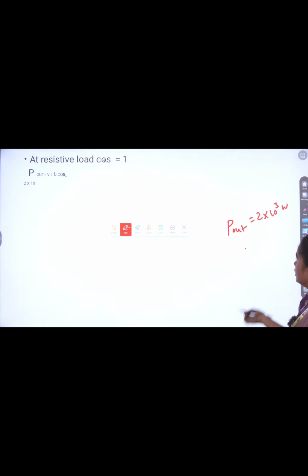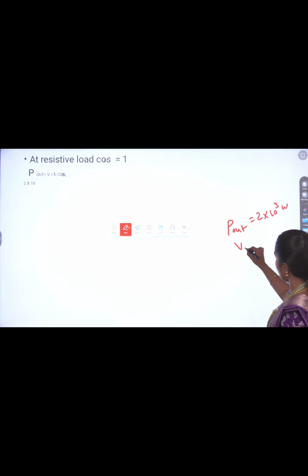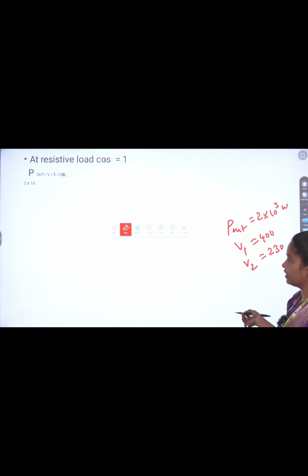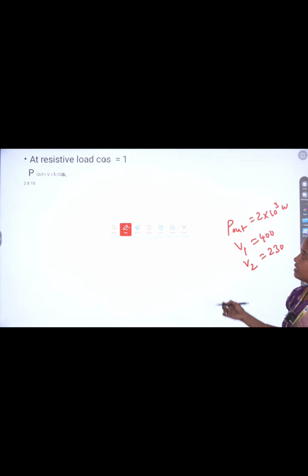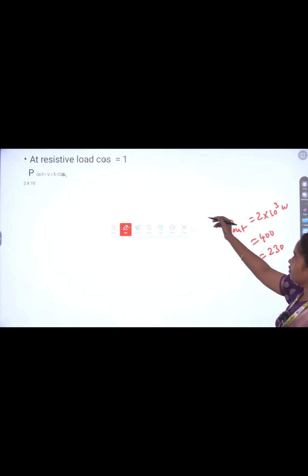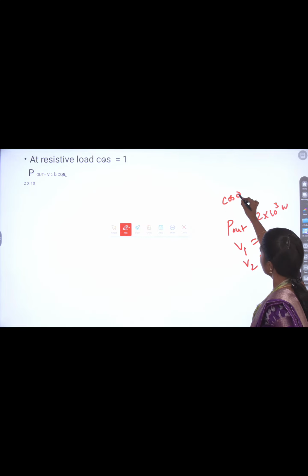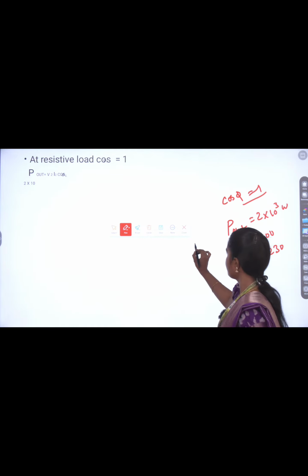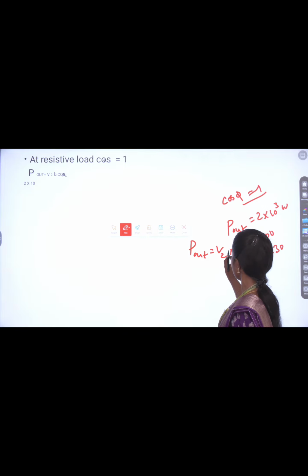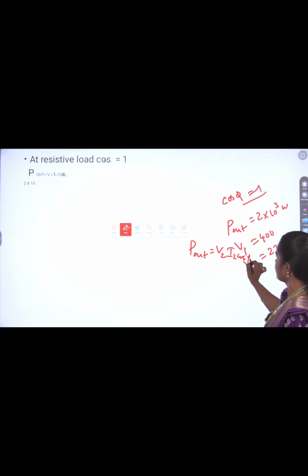Next, primary voltage V1 is 400 and secondary voltage V2 is 230. That is the given data. Purely resistive load means the power factor cos phi is 1. So the output power formula is P output equal to V2 I2 cos phi.